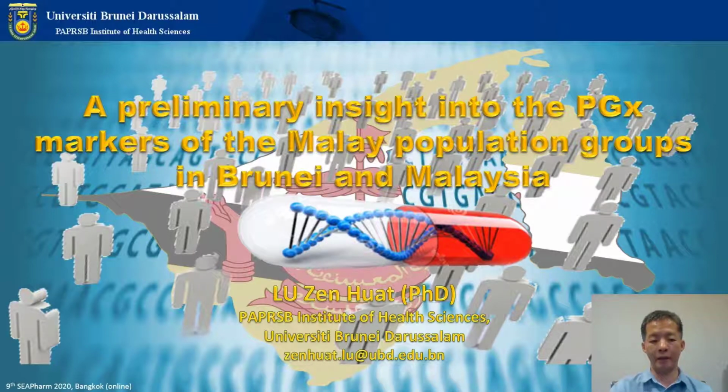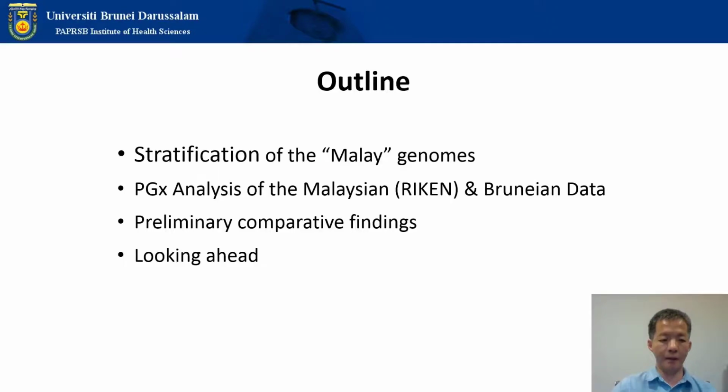Okay. So today I'm going to share with you some of the preliminary work that we did recently, where we compare the pharmacogenomics markers in the Malay population groups in Brunei and Malaysia.